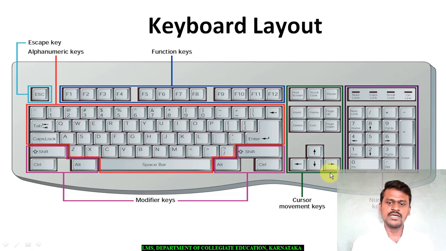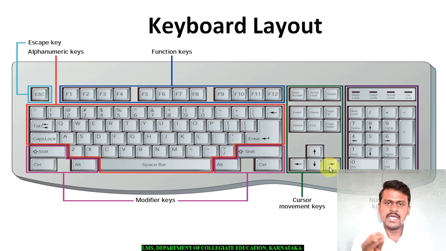Now we will move on to the cursor keys. These are somewhat like our mouse movements. We call these mouse movements because these are cursor movements. We can take them as the up, down, left and right cursor keys because these can make the cursor move from left to right or right to left, up to down, down to up.